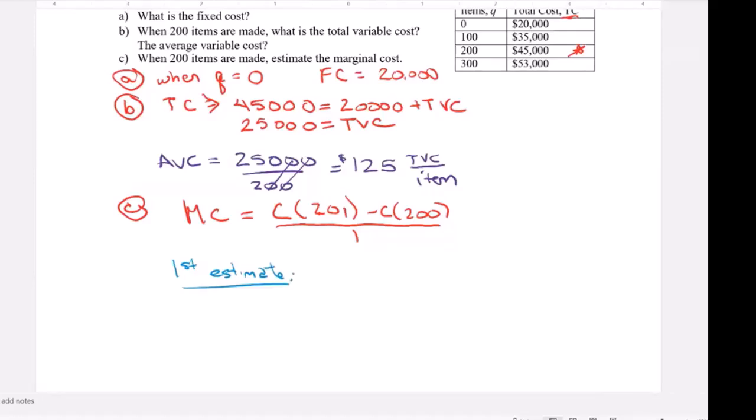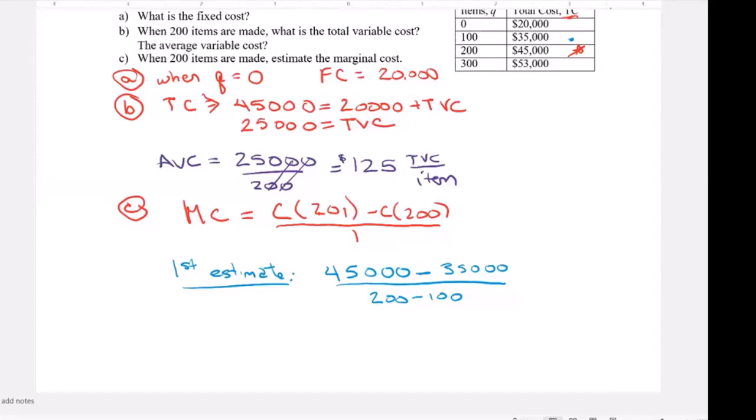For the first estimate, let's use 200 and 100. The cost to produce 200 items is $45,000, minus the cost of producing 100 items, which is $35,000. The difference between the two amounts I'm producing is 200 minus 100.